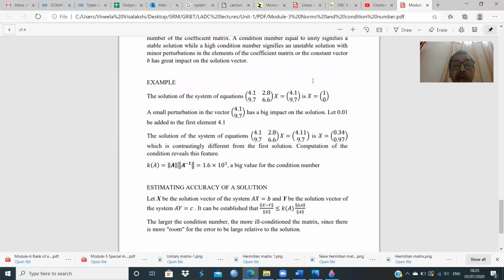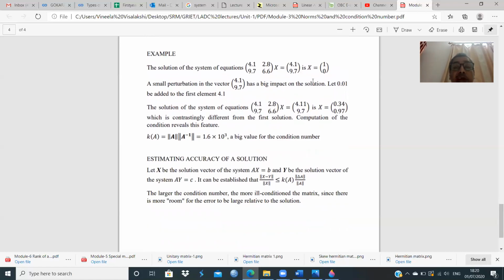Let us look at an example. We have a linear algebraic system, and when you take the system that is given there, the solution is found to be 1, 0. But let us slightly perturb the right-hand side vector 4.1, 9.7 by adding a small quantity 0.01 to the first component 4.1.